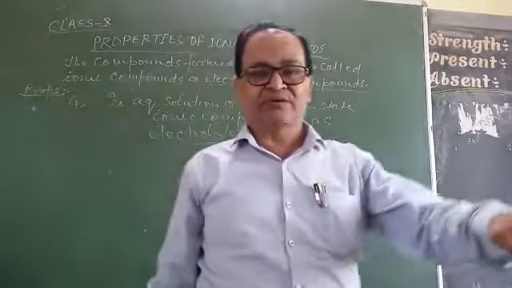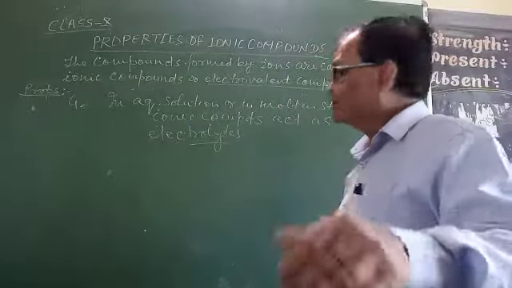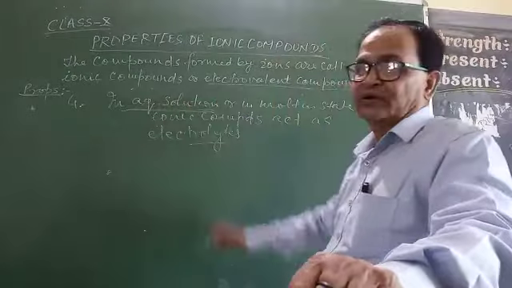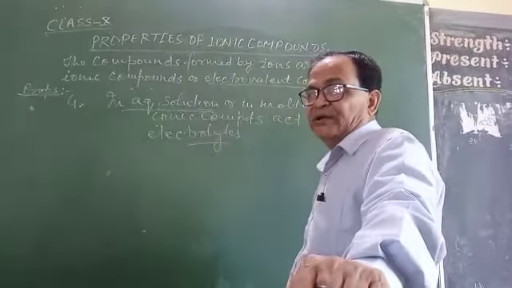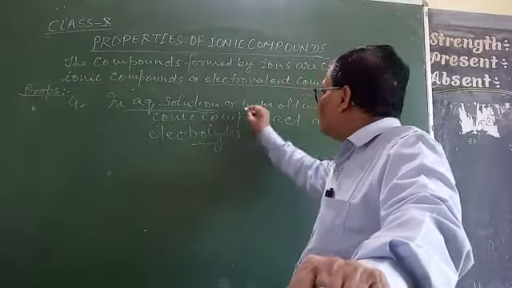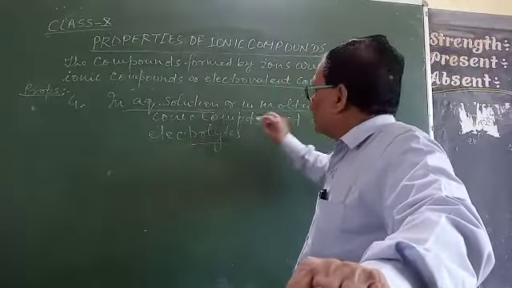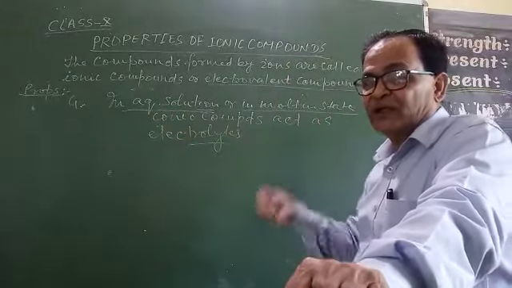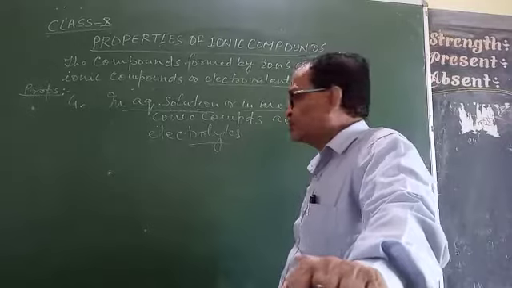It means when we pass electric current through an aqueous solution of an ionic compound, the aqueous solution allows the electric current to pass through. Or in molten state, ionic compounds act as electrolytes, that is good conductors of electricity.